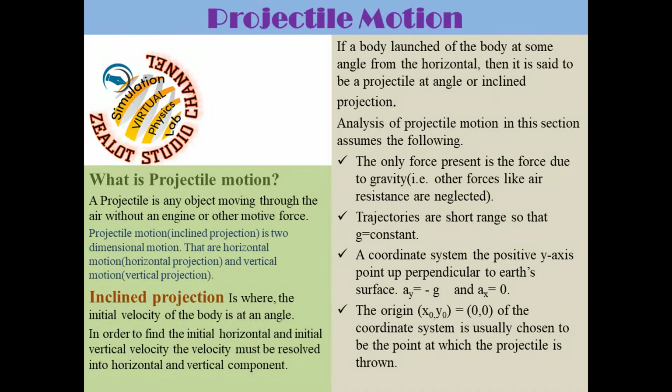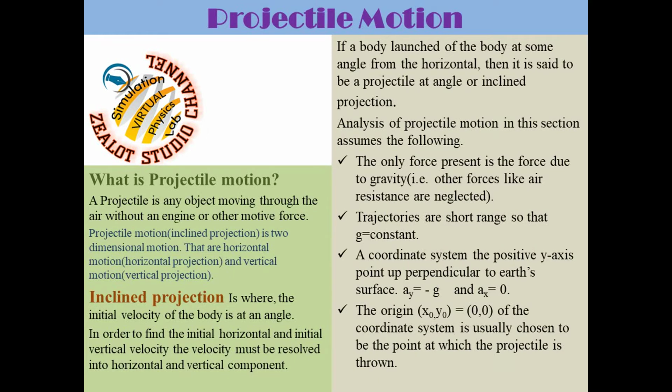If a body is launched at some angle between 0 and 90 degrees from the horizontal, then it is said to be a projectile at an angle, or inclined projection.